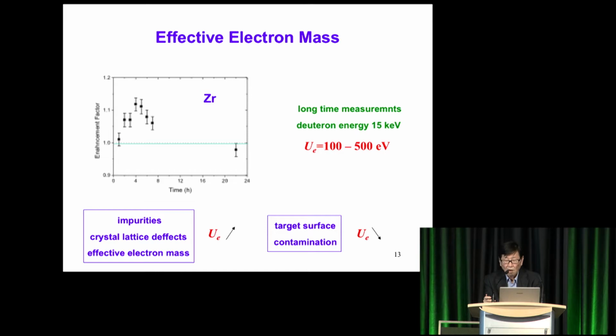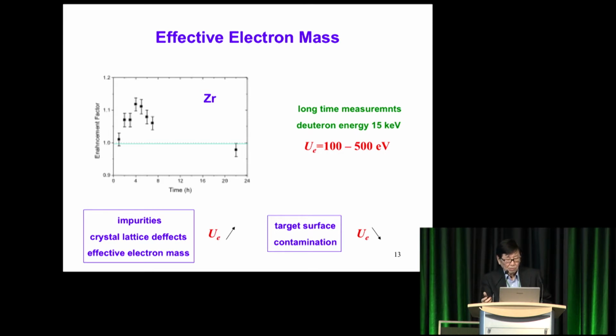And then after 22 hours, the enhancement disappears. Measurements at different times correspond to screening energy ranging between 100 electron volts and 500 electron volts.